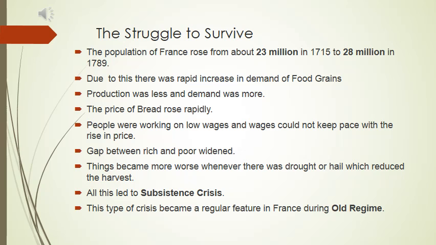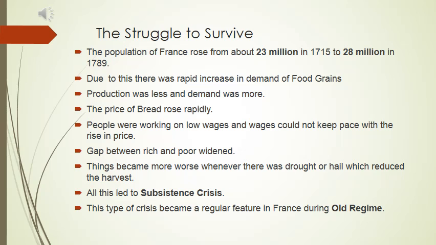So it was a very difficult time for them to maintain themselves, to live, to survive. Due to the low wages, the gap between the rich and the poor widened. And when this gap widened, what do we see in the society? The poor are suffering and the rich are enjoying. This is what happened in France.